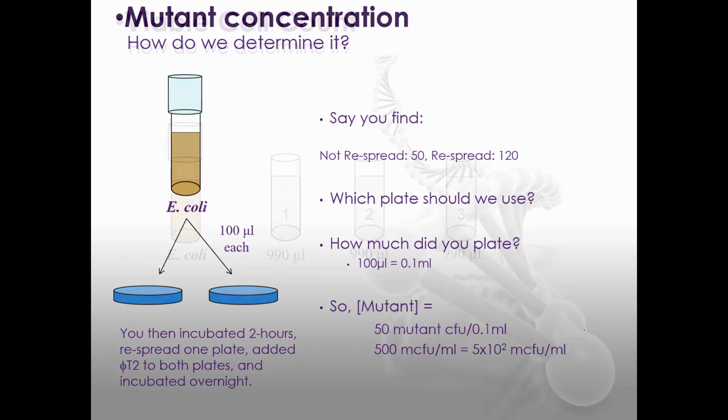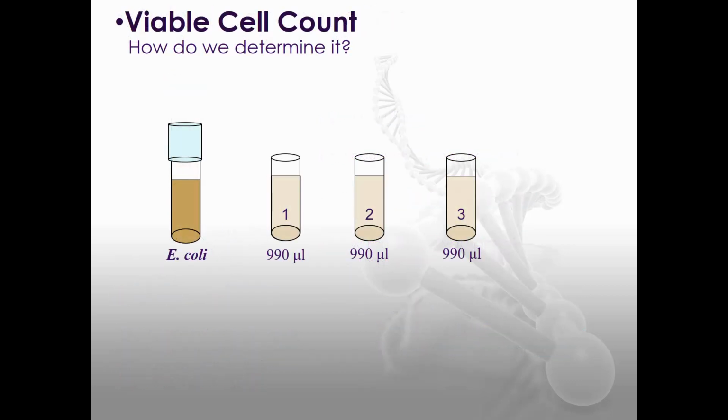What's the other number? Well, the other number is going to be the viable cell count. So where does that come from? Well, we took our E. coli and we diluted it. How did we dilute it?